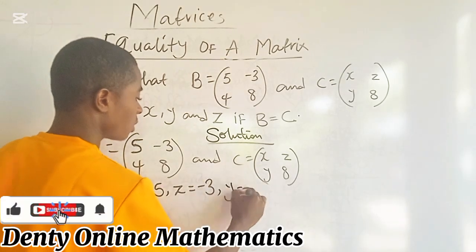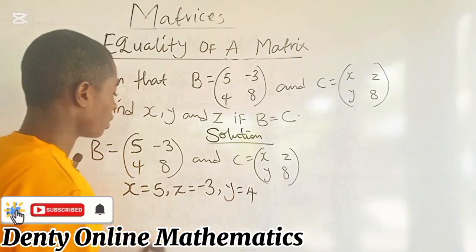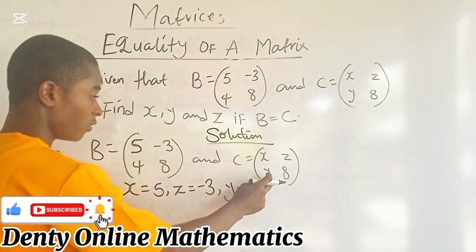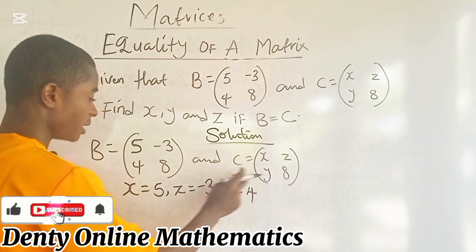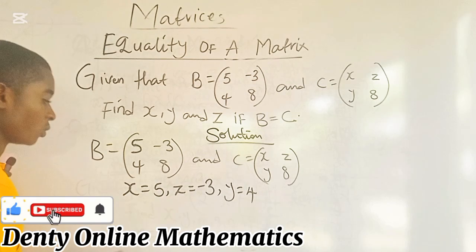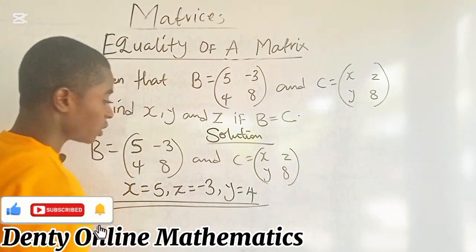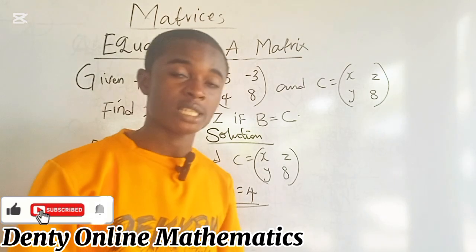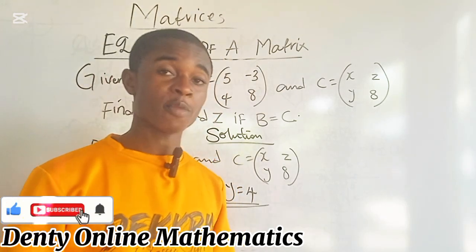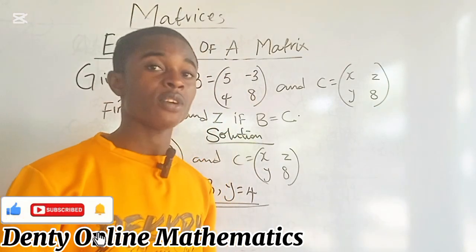Now, Y will be equal to 4, because by the second row, first column, you see that Y is there and Y will be equal to 4. From this, 8 is also equal. So we have seen that X is equal to 5, Z is equal to minus 3, and Y is equal to 4. This is very simple if you understand equality of a matrix.